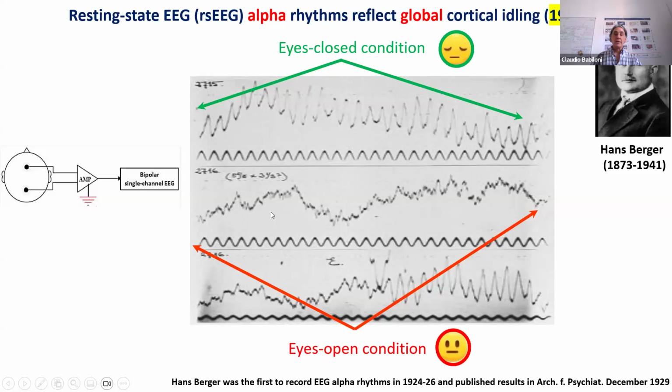When the subject received the instruction to open the eyes, you see in red, eyes open condition, that we have a reduction, a disappearance of the ample oscillation at 10 Hz. Instead of the ample oscillations at 10 Hz, you can see small voltage, higher frequency EEG oscillations.